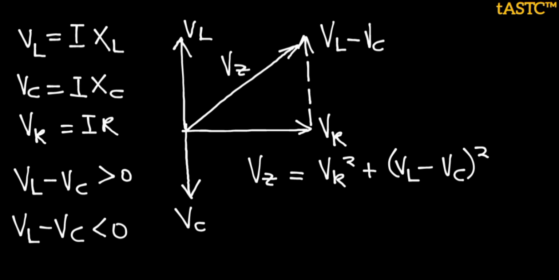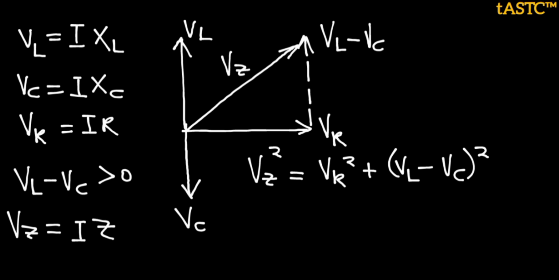Now, what is going to be V sub Z? V sub Z is going to be the overall voltage, and the overall voltage is going to be I multiplied by the overall resistance. Let us represent that as Z. So in this case, we're going to have this. Now we needed to place a square here, because from the Pythagorean theorem, we always got to have the hypotenuse squared, and the stuff on the other sides must be squared.